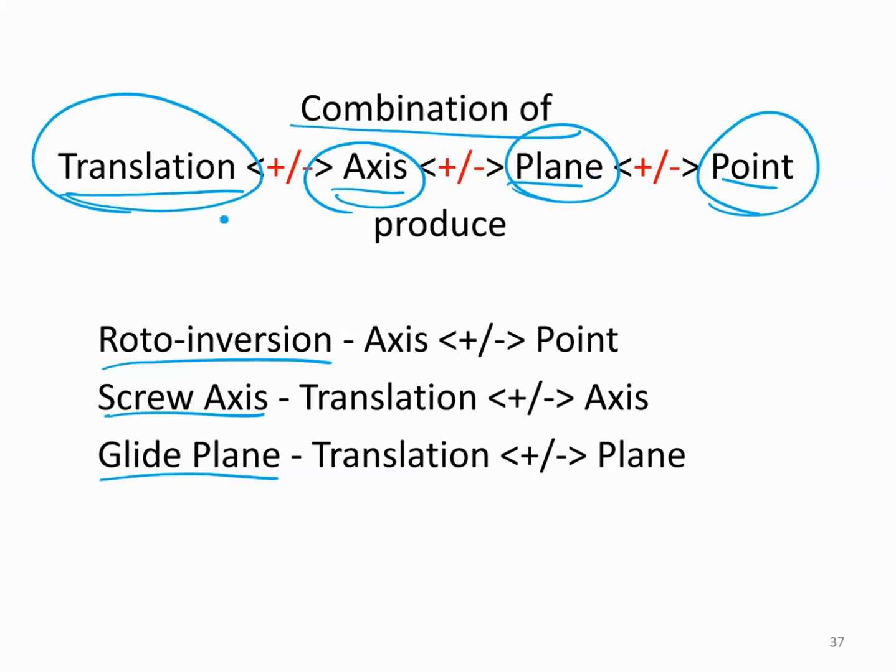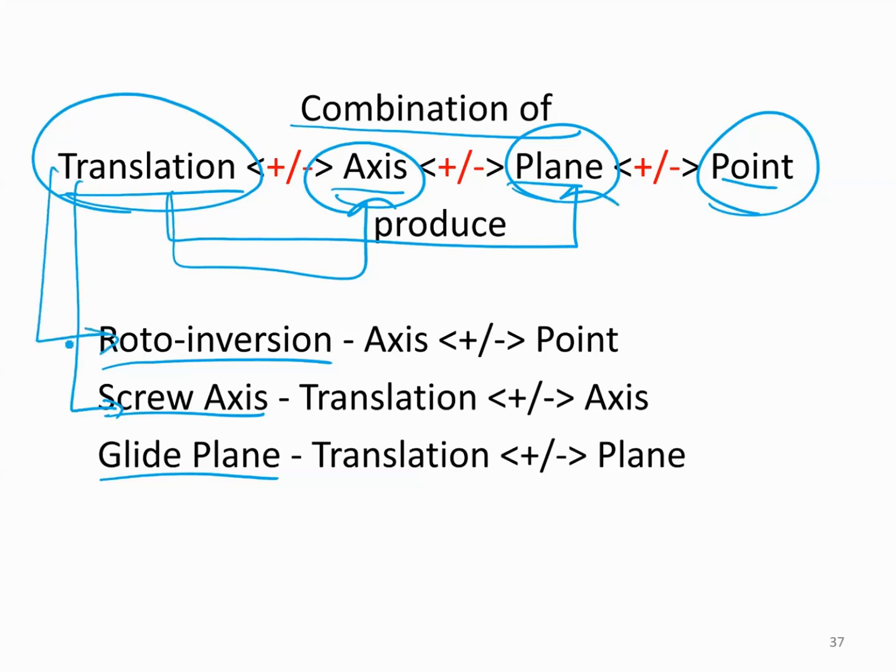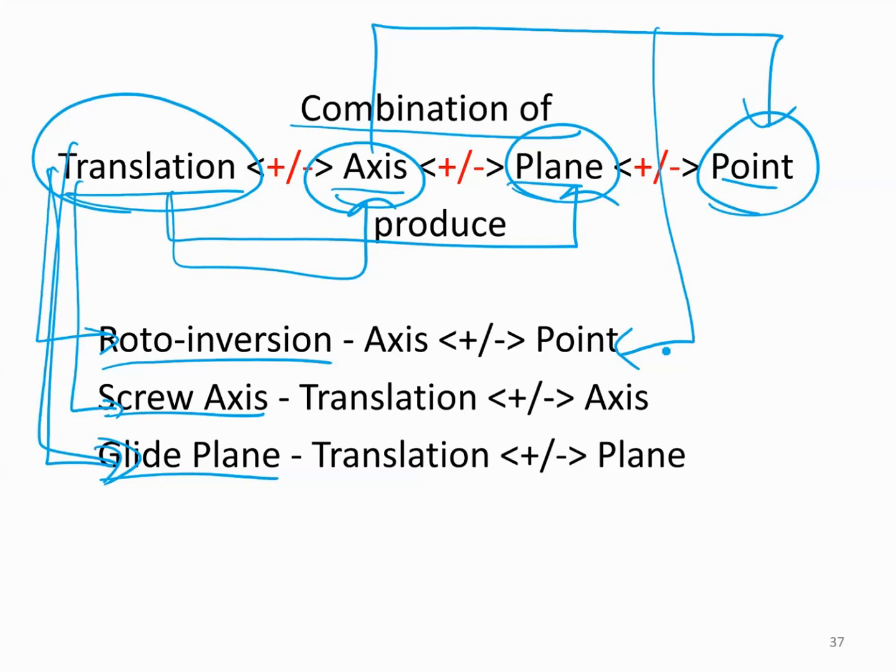So when we combine these four, let's say translation combined with axis, you will get screw axis. Translation combined with plane, you will get glide plane. Then axis with point, you will get rotor inversion. Axis and plane, you will get point.